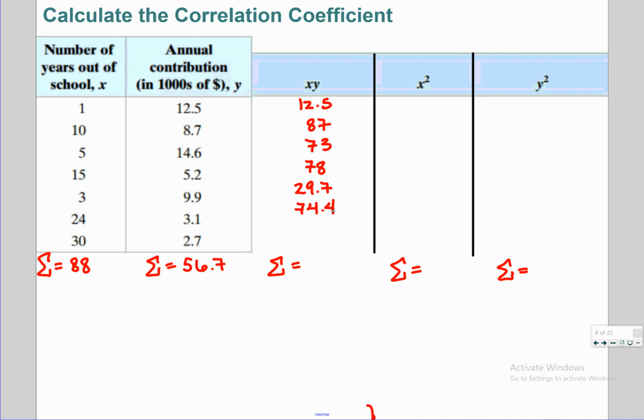And 30 times 2.7, 81. And then we add them all up. Okay. 12.5, 87, 73, 78, 29.7, 74.4, and 81. 435.6.